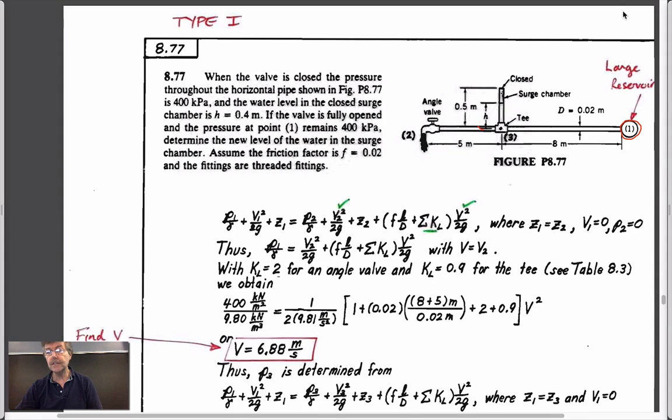The question is that originally there's water flowing in this, and the pressure initially, in the pipe, as we go in the streamline direction, initially the pipe is at 400 kPa when it's closed. So this is 400 kPa.